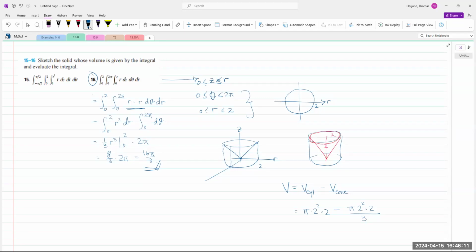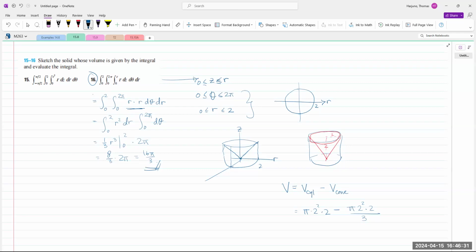Why do I feel something is not right? Two pi r squared. Am I missing something here?